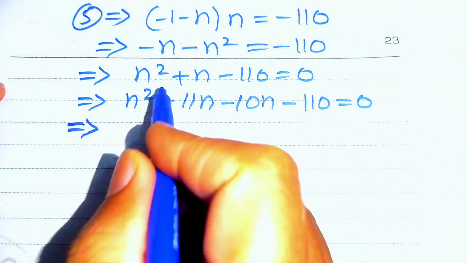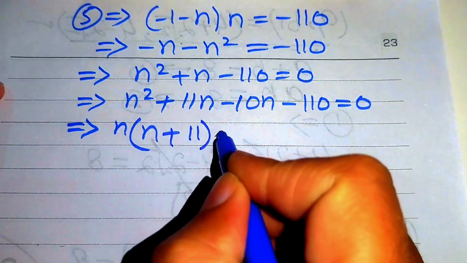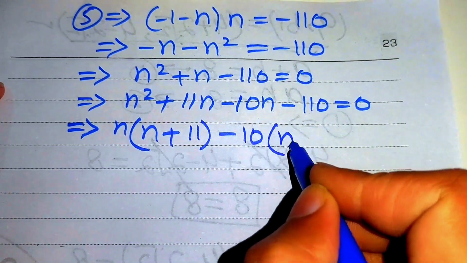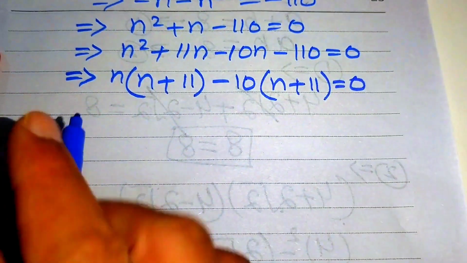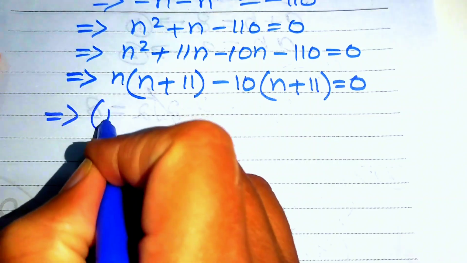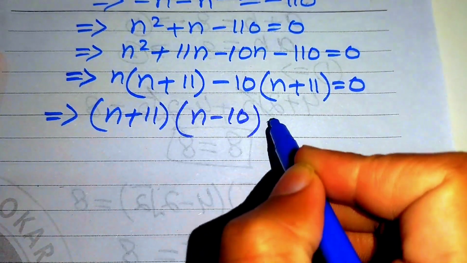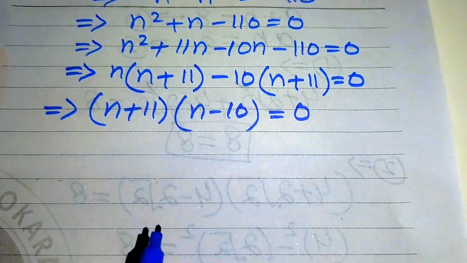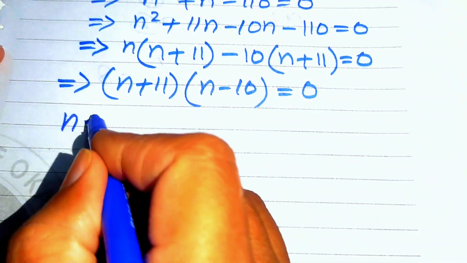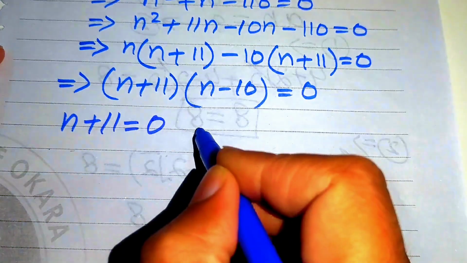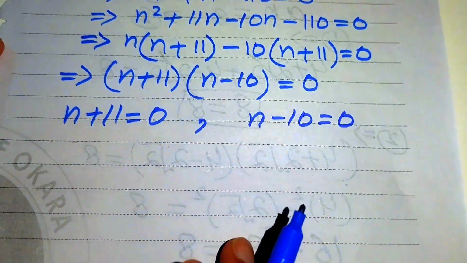So these are the factors of the above equation, and here we take n common and we get n plus 11, and now we take minus 10 common and we get n plus 11, and this whole equation equals 0. Now we take n plus 11 common and we get n minus 10, and this whole equation equals 0. So here we convert this into cases. Our first case is n plus 11 equals 0, and the second case is n minus 10 equals 0.